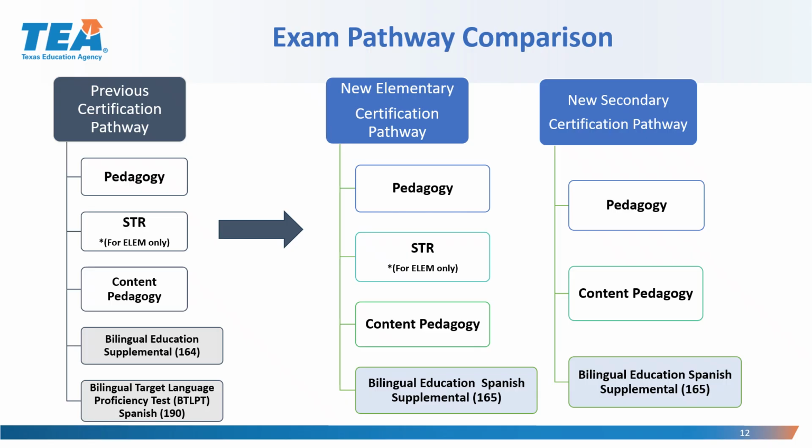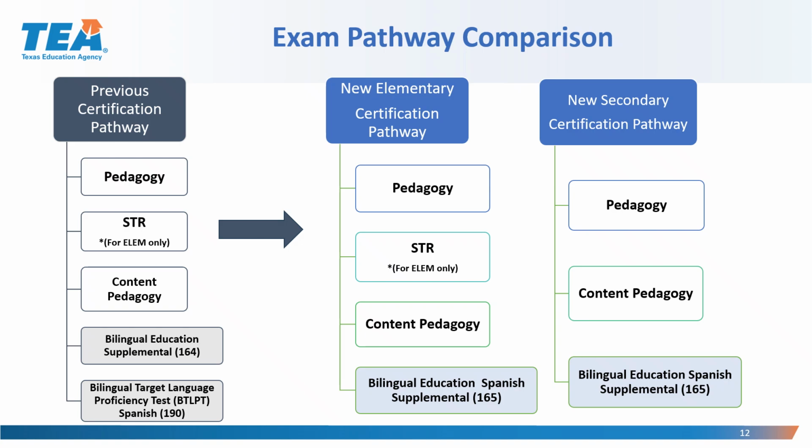Once the new bilingual supplemental exam launches, candidates will follow new pathways for certification. At the elementary level, candidates will take 4 exams, including pedagogy, STR, content pedagogy, and the new Bilingual Education Spanish Supplemental 165.